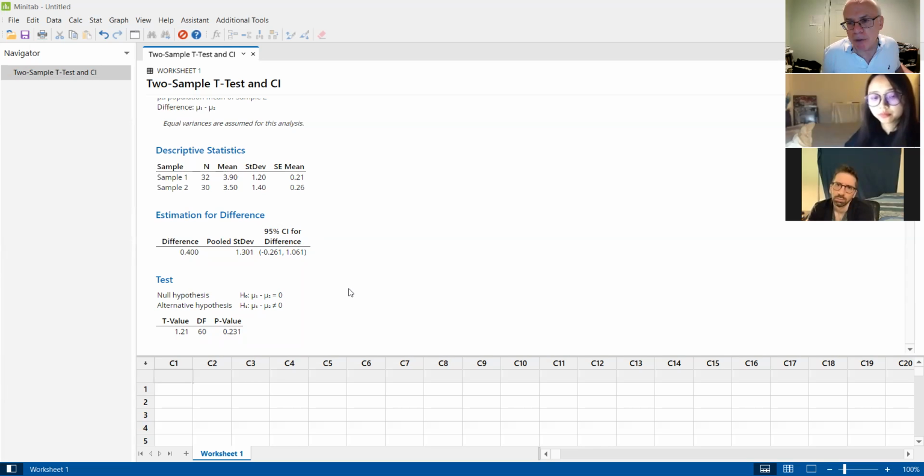Doesn't seem to be any difference. There's not enough evidence to show that there's any difference. All right. Does that make sense? Yes. Because the alternative hypothesis is that there is a difference between them. It doesn't say which group watches more television. It just says that there's a difference, and there's not enough evidence to show a difference here.